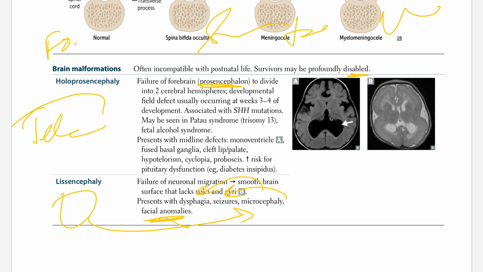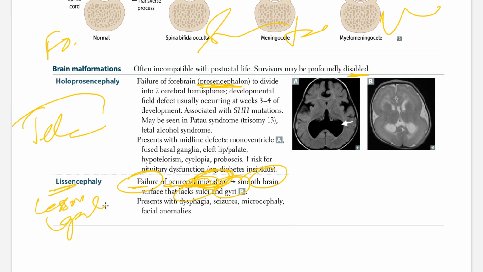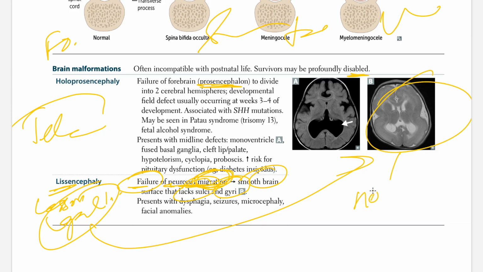But what is important is why this happened. It happened because there was a failure of neuronal migration. So neuronal tissue couldn't migrate, causing a smooth brain that lacks the sulci and gyri. Lissen is garlic, smooth, a brain which has no sulci or gyri.